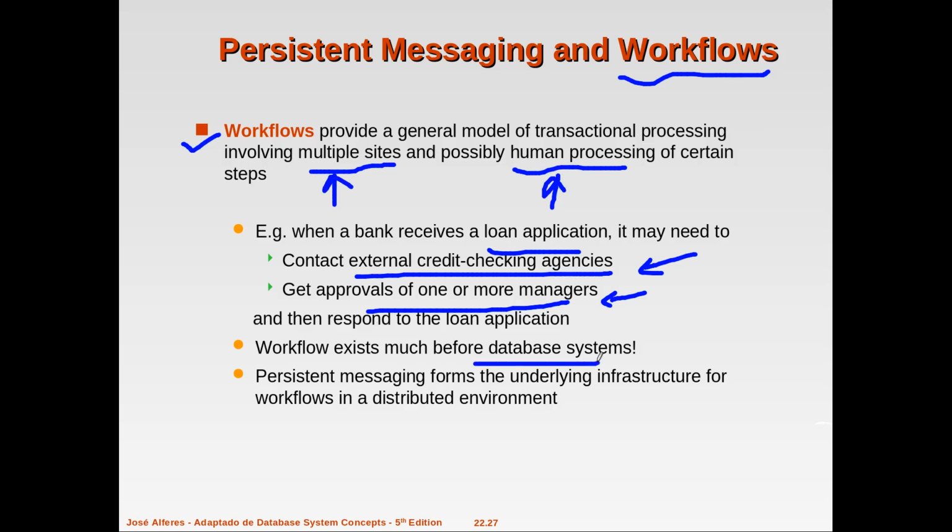Earlier banking systems followed this pattern: manually from one cabin to another, they dealt with all the operations, and finally the deposit, credit and debit information was recorded with a proper transaction commit or abort stage. Persistent messaging forms the underlying infrastructure for the workflow, where we use human interaction as well as multiple sites in a distributed environment.